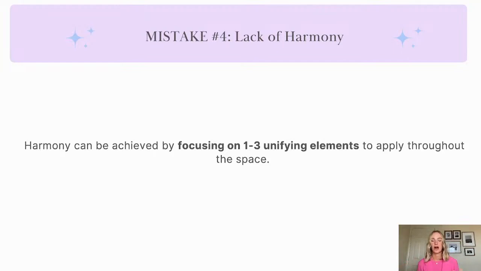How you achieve that harmony, like I said, is by focusing on 1 to 3 unifying elements that can be applied throughout the space. So, for example, if I loved a navy blue color, I would probably purchase a navy blue sofa to put in the middle of my living room, and have that be a large statement piece. Then you want to make sure that you also have that same element applied several times.